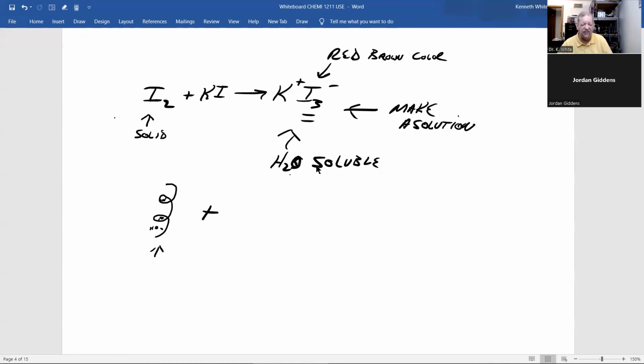Now, if you react this with potassium iodide solution, which is called tincture of iodine, the iodine reacts with the potassium iodide to make this new compound, which is water soluble.